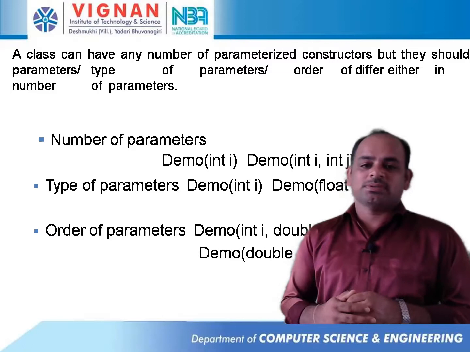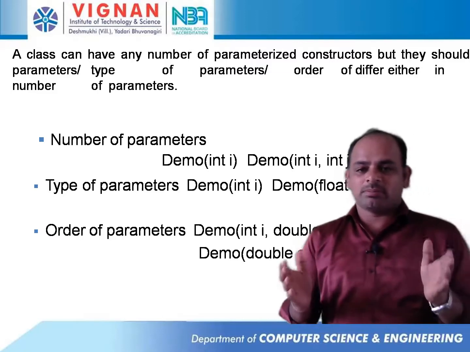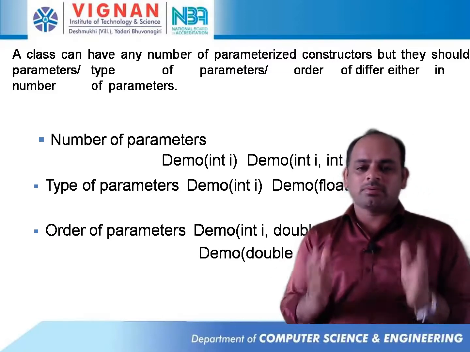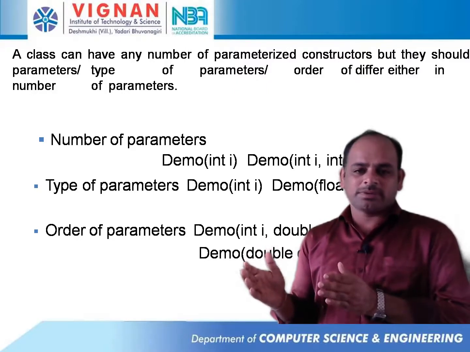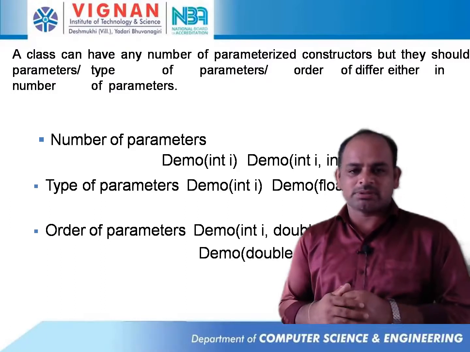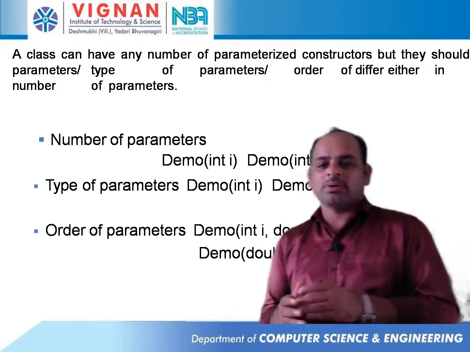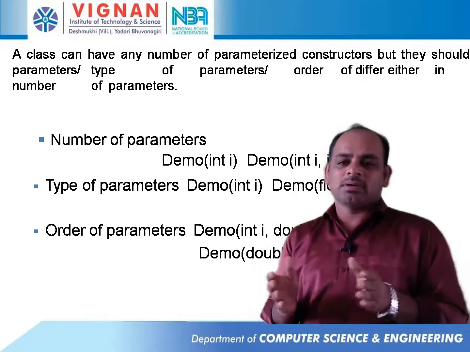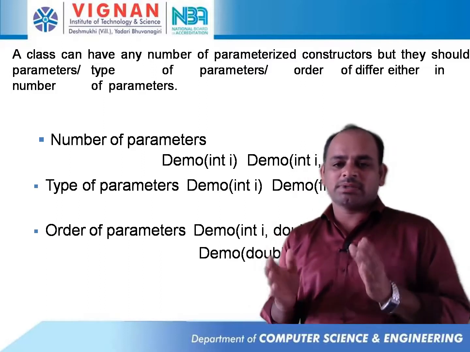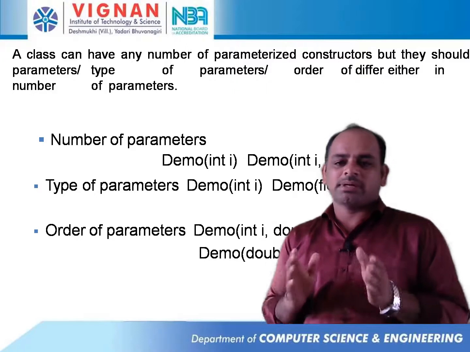Types of parameters: one can be an integer parameter, and another constructor may have some other type like float or character. So in demo(int i) and demo(float k), even though both have only one parameter, the types are different.